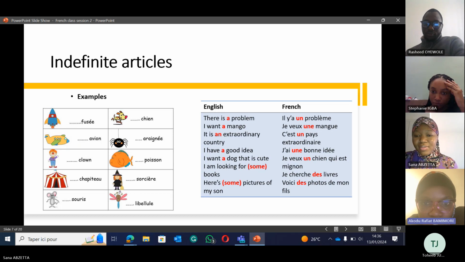Cute means mignon in French. Okay, cute. J'ai vu un chien qui est mignon. Good.